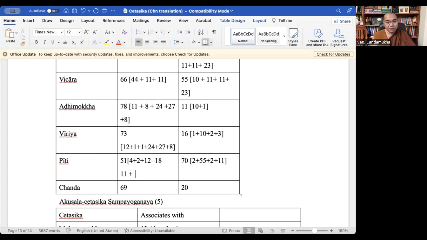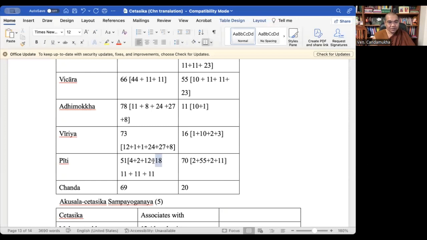Also second jhana 11 is associated with piti, sukha, somanasa vedana. And also third jhana 11. So altogether we get 18 plus 33, which is 51.